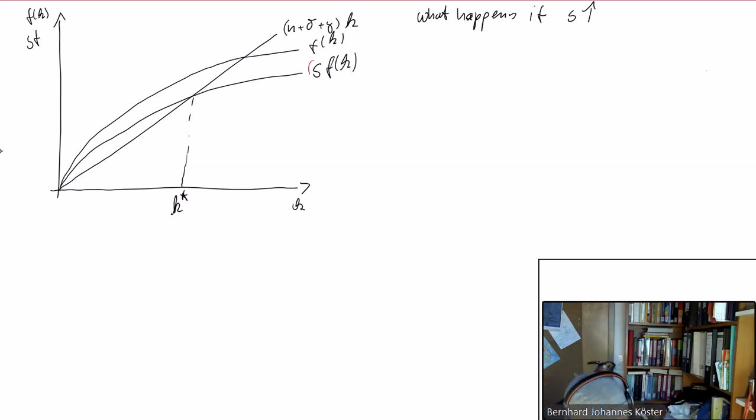What happens if this number is increasing? If we have not a savings rate of, let's say, 10%, as we have it in Germany right now, but 15%. Well, just the opposite of what we have talked about a minute before. Then, of course, this function s times f of k is bending to the left.